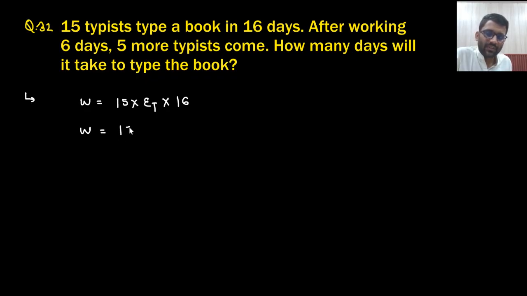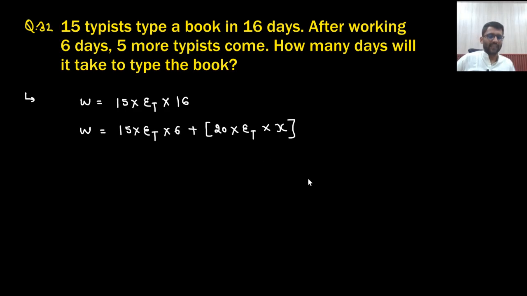For 6 days, 15 typists were working. Then after working for 6 days, 5 more typists came. So now a total of 20 typists are there. They will work with their complete efficiency. How many days will it take to complete the book? So x more days it will take to complete the book.